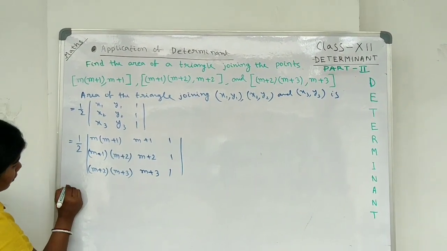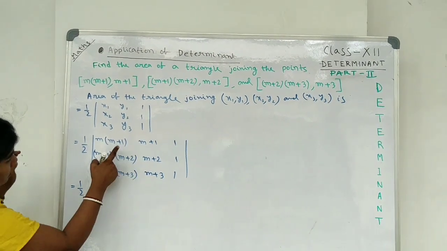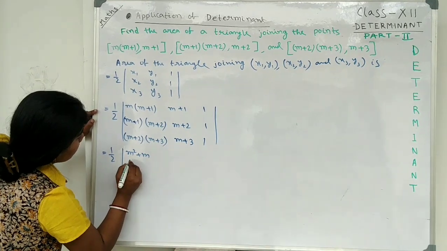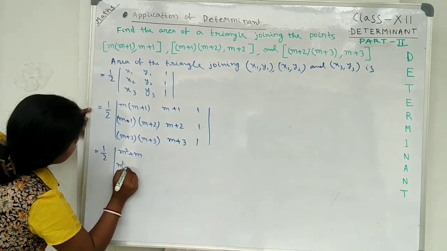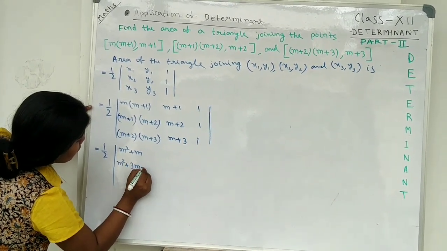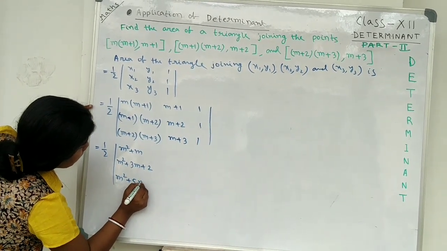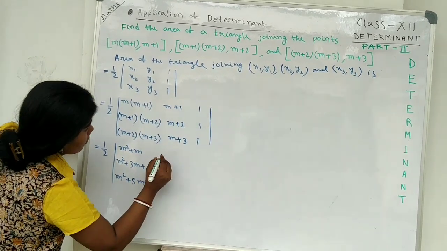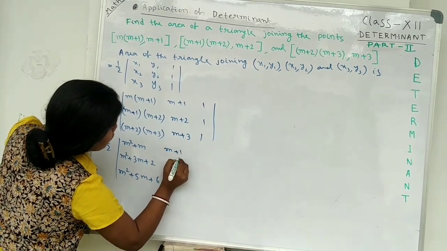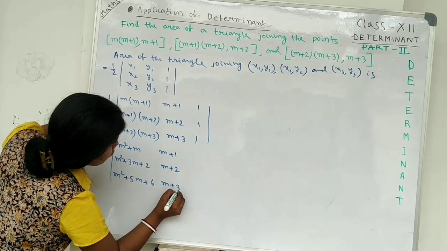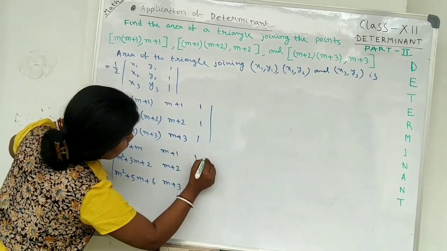Okay. Now we are just multiplying the elements, so that is m square plus m, m square plus 3m plus 2, m square plus 5m plus 6; m plus 1, m plus 2, m plus 3; 1, 1, 1.